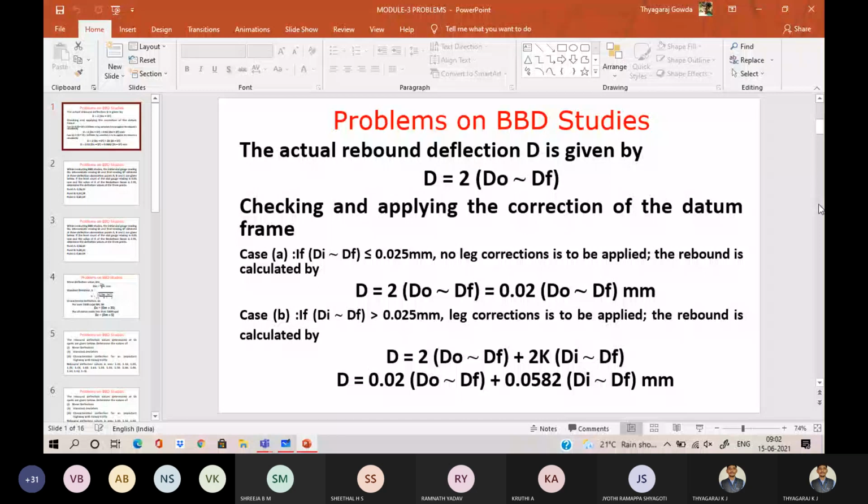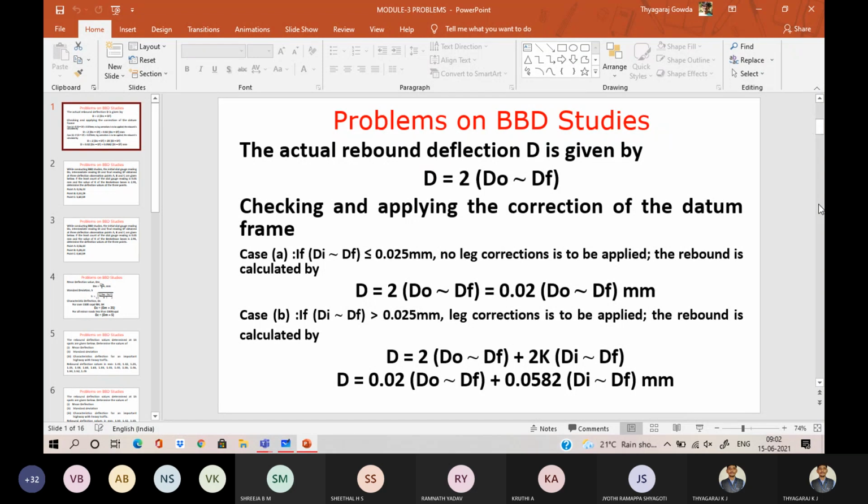The actual formula is D equals twice of D0 minus DF. So if DI minus DF is less than 0.025 mm, we should not apply any lag correction.